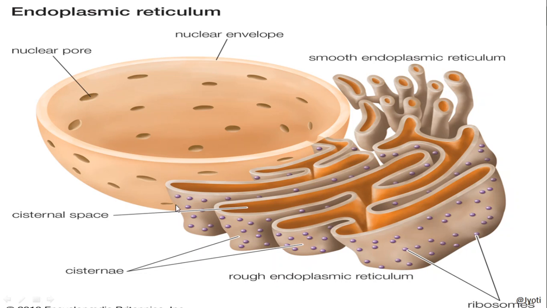When the ribosomes are present on the surface of the endoplasmic reticulum, it is known as rough endoplasmic reticulum. But in this part of the endoplasmic reticulum, you can see that there are no granules or ribosomes on the surface. So these are called smooth endoplasmic reticulum.